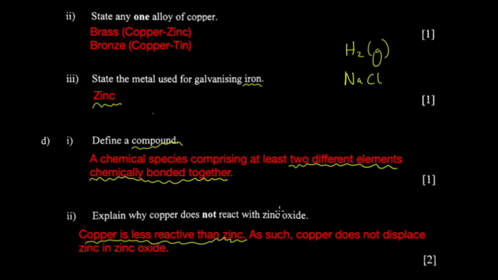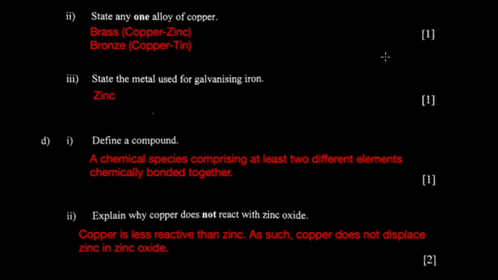This can only happen if copper is more reactive than zinc. The reason there is no reaction is that copper is less reactive than zinc. As such, copper does not displace zinc in zinc oxide. If it were copper oxide and zinc, copper would be displaced just because zinc is more reactive. Let's quickly move to the next part.